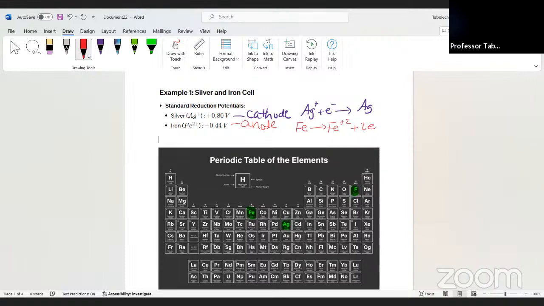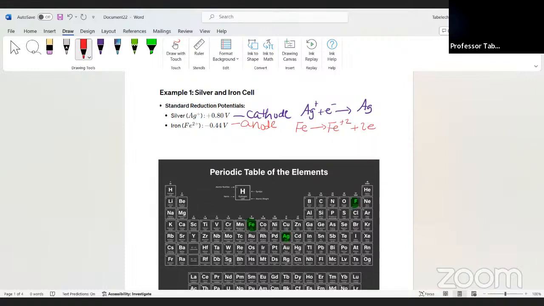Now, let me also write out what is the electrocell potential for this reaction here. So the cell, again, the formula is your cathode minus your anode.